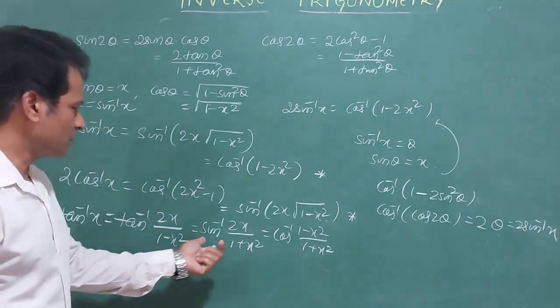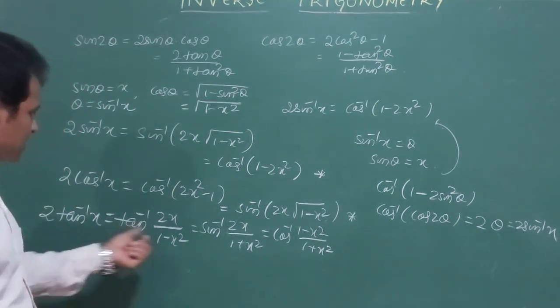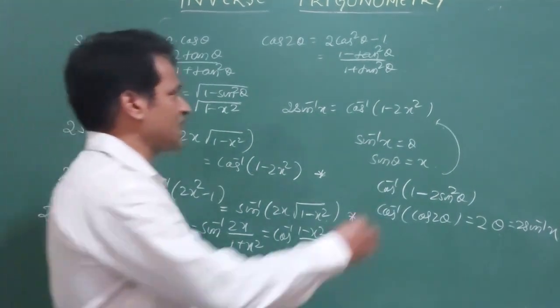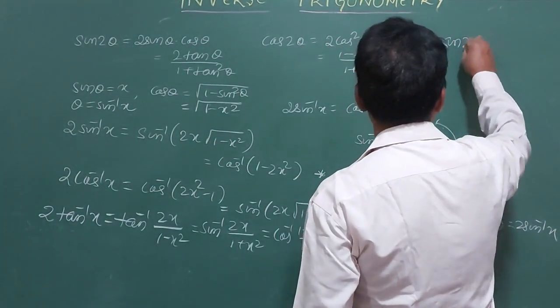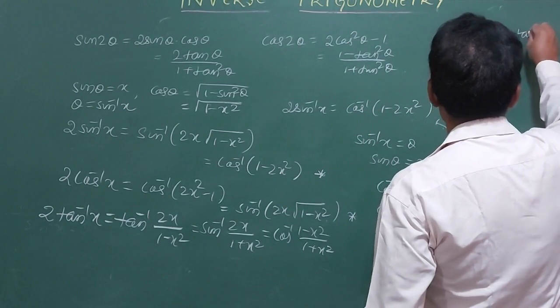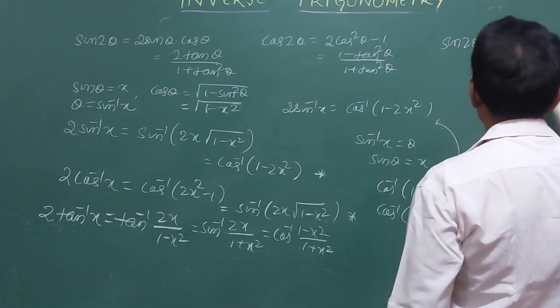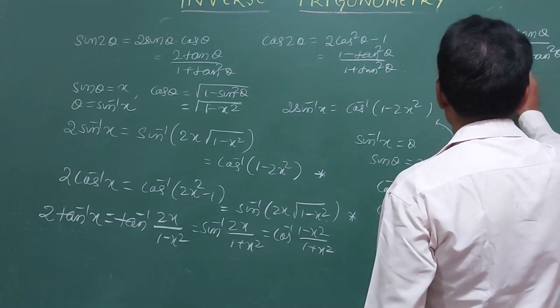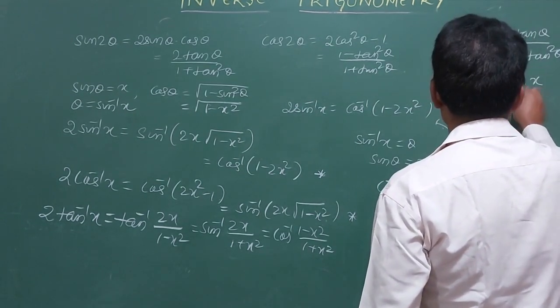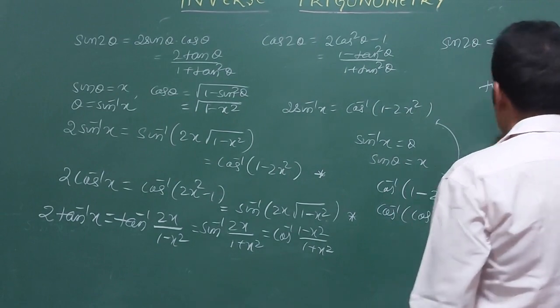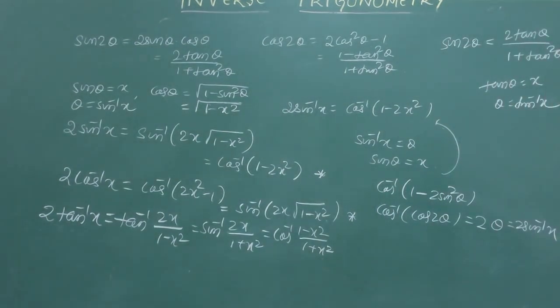Now how to do this? 2 tan inverse x is equal to sin inverse 2x by 1 plus x square. Because for sin 2 theta, one formula is there: 2 tan theta by 1 plus tan square theta. Take tan theta equal to x. Theta equal to tan inverse x. I will not force you to learn the formulas. I will tell you to learn it logically. Tan theta is x, theta is equal to tan inverse x.